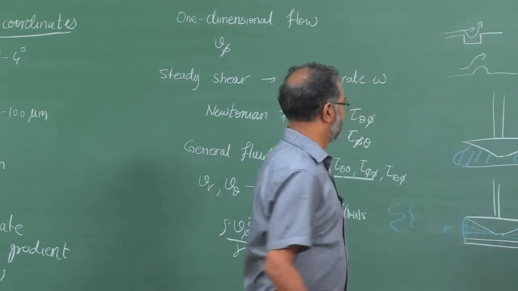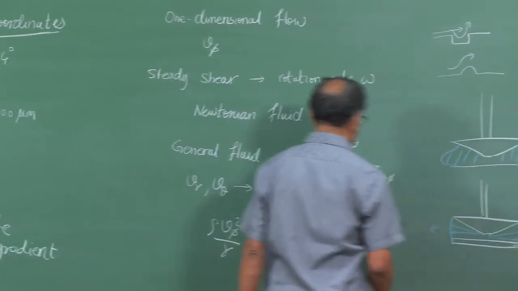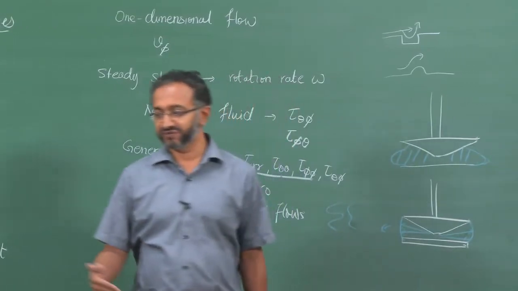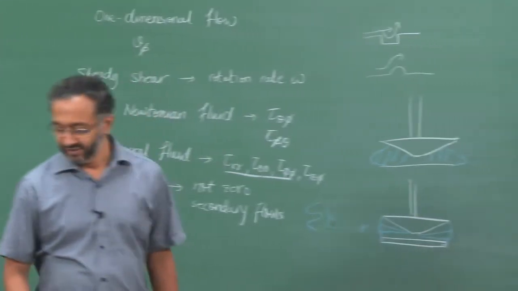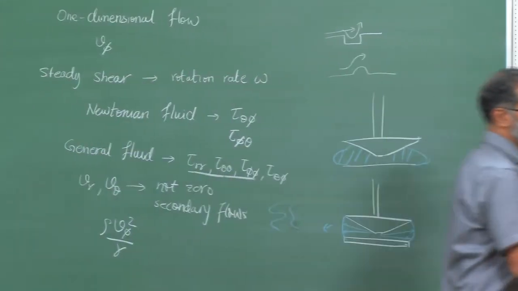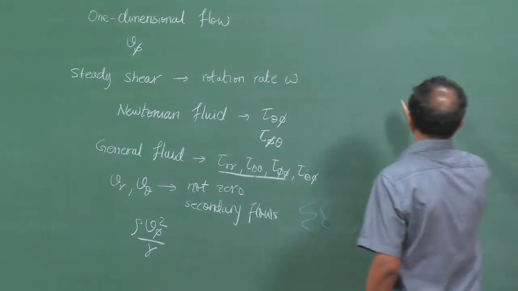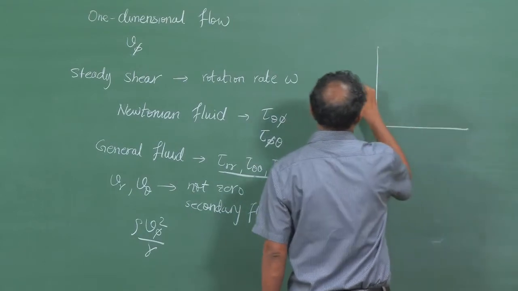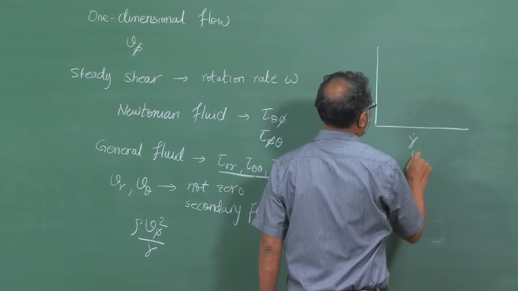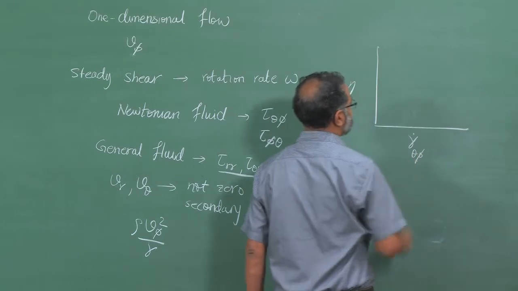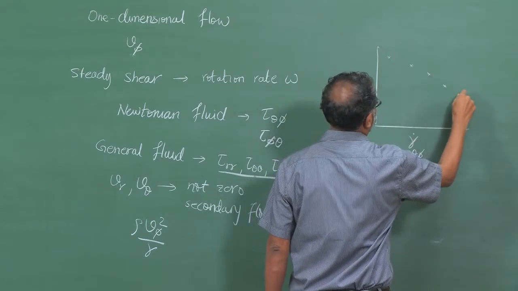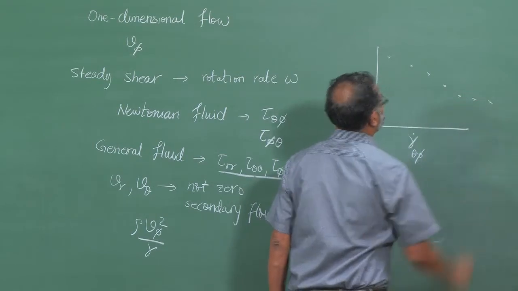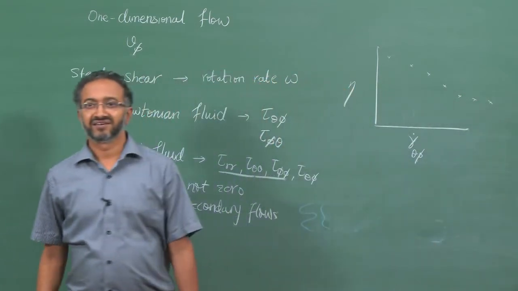In the sense, what might happen is if you, let us say, plot viscosity as a function of strain rate, gamma dot theta phi let us say, which depends on omega, we may get data points like this. Right.